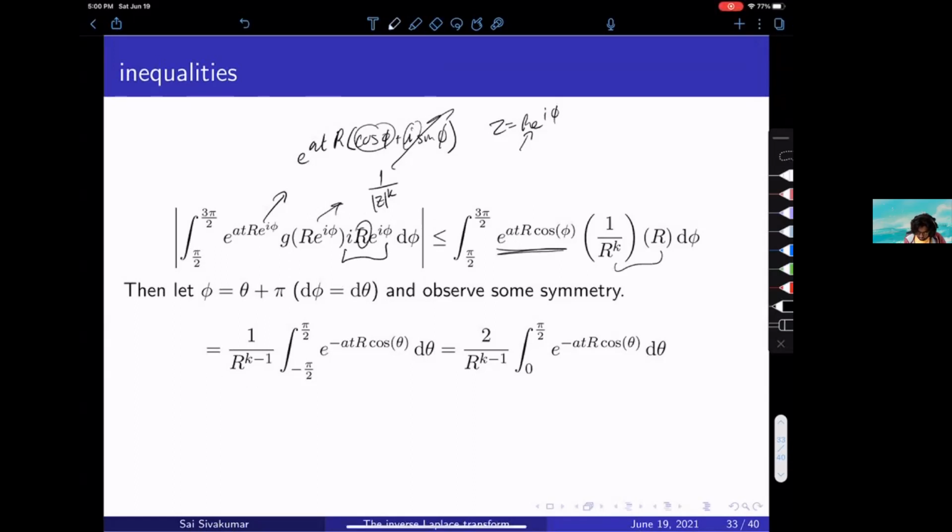So then we'll rewrite some more. So then we shift to the theta variable because we have this 3 pi over 2 and this pi over 2 that's kind of yucky, and we actually kind of need it because we're going to do another cheeky argument after this. So when we shift from phi to theta, theta will be phi minus pi, so this pi over 2 goes to minus pi over 2, this 3 pi over 2 goes to pi over 2, and then this cosine phi, because then you replace it with theta plus pi, because of the periodicity, the pi makes it shifted so that you get a minus sign in the front.